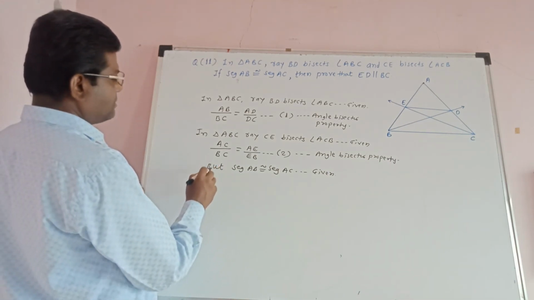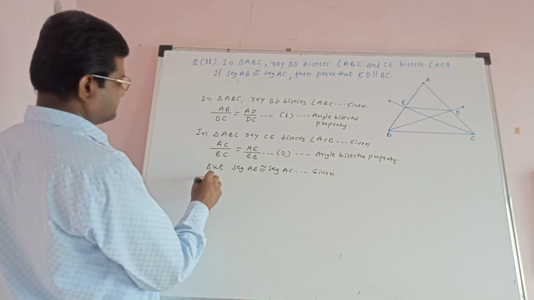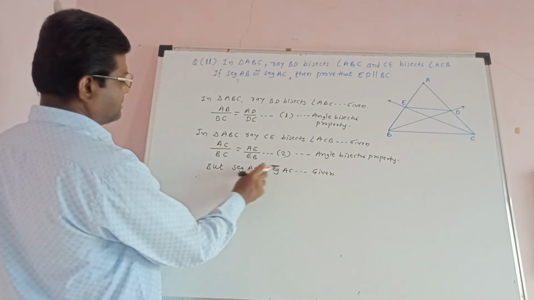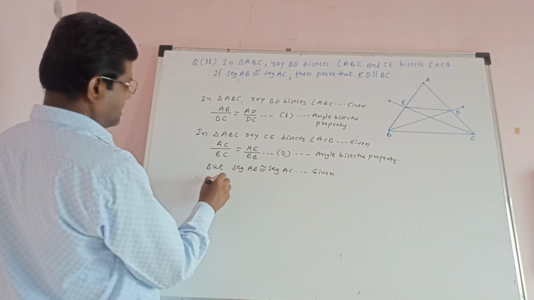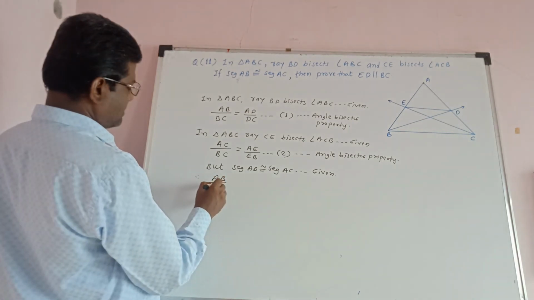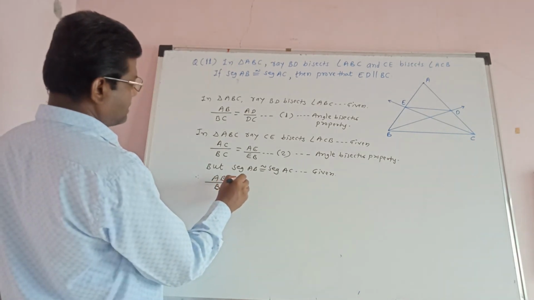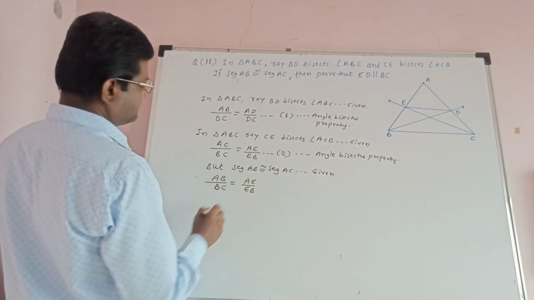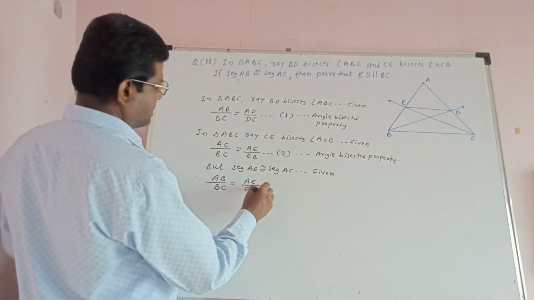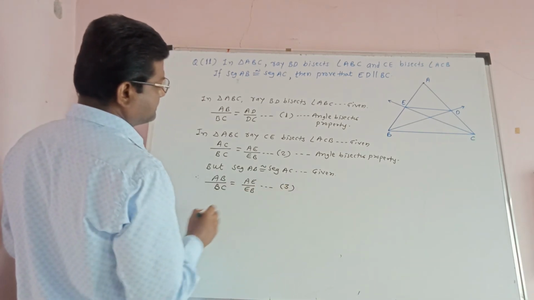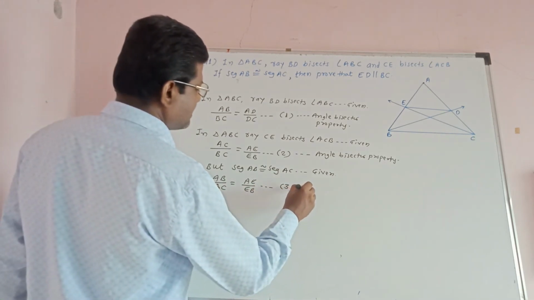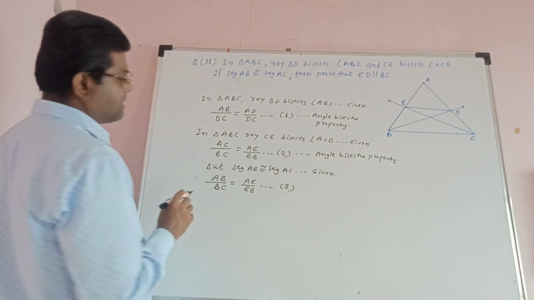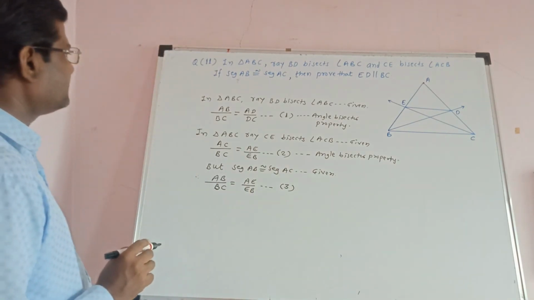Therefore equation 2 becomes AB upon BC is equal to AE upon EB. This is equation number 3. Here reason is since AB is equal to AC.